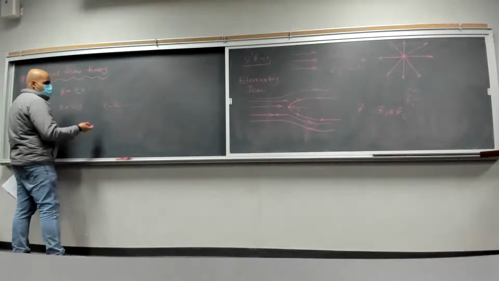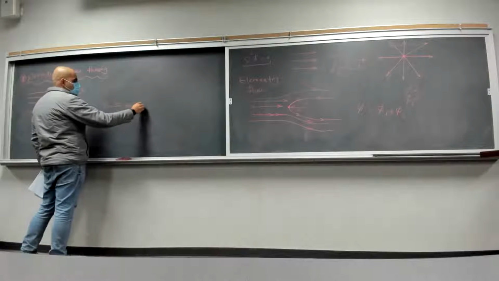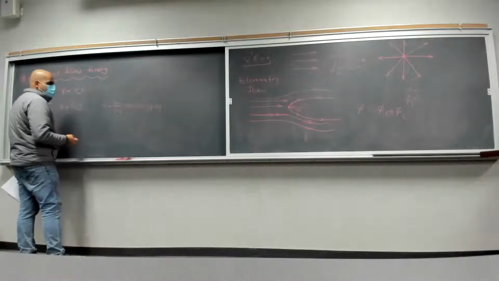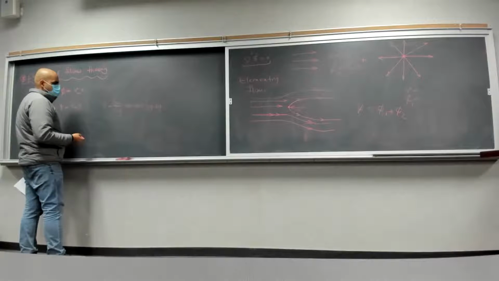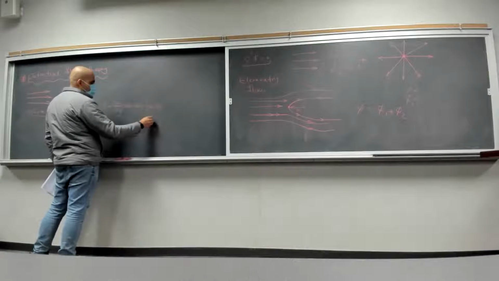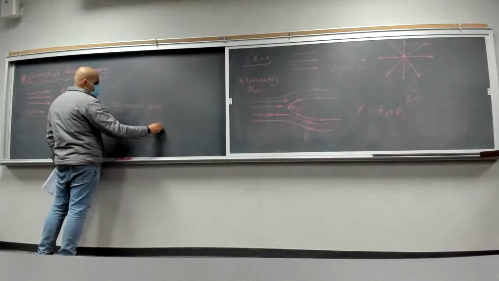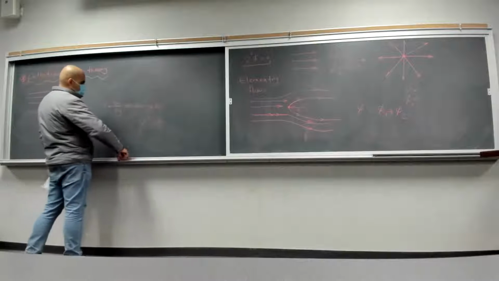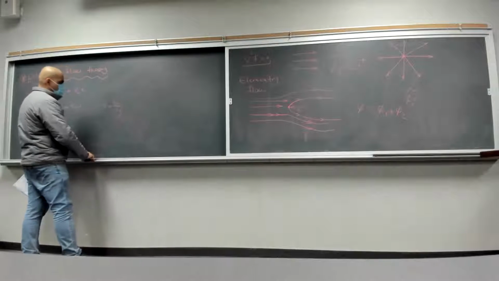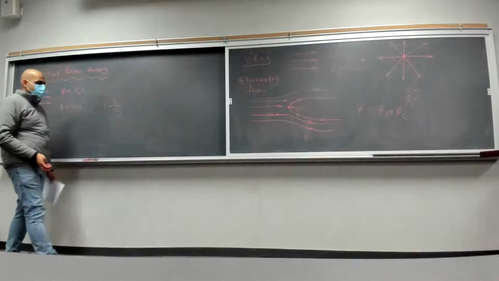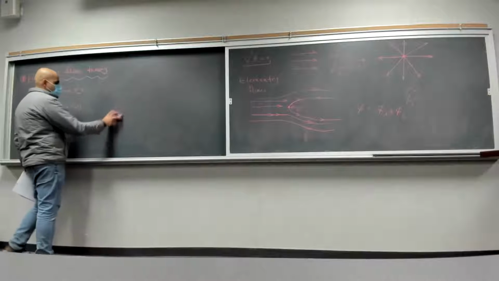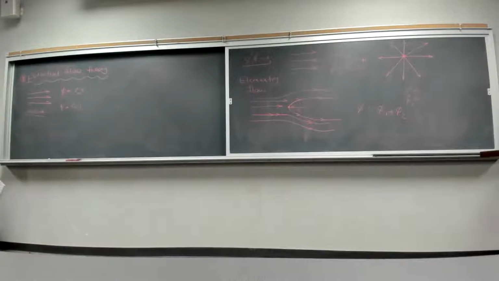Your u is essentially v infinity, so u is the integral of psi partial y. Then you just take the integral with respect to y, and you end up with v infinity y. The same thing we did for the velocity potential.